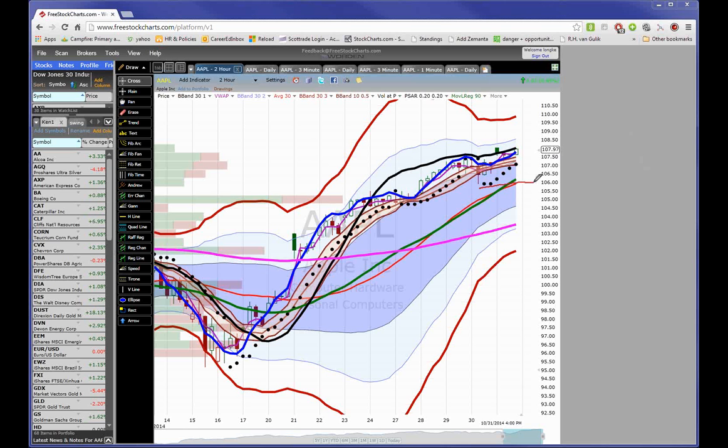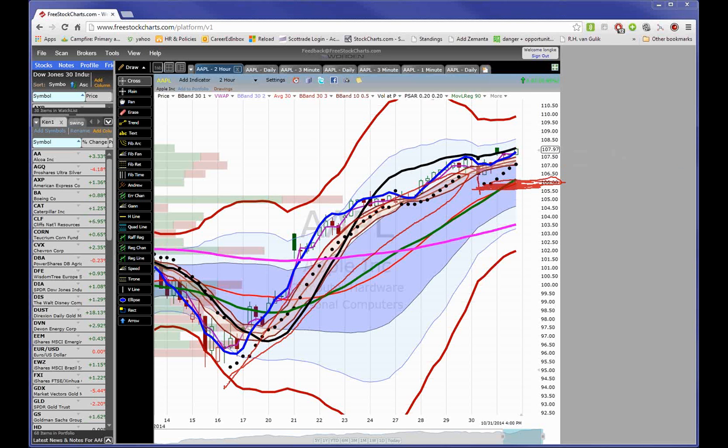I wouldn't have any problem with this right here, the Bollinger Band mean about 106. I think that's sort of the trail. You look at the last move that it had, that was probably 30 or 40 dots before it got violated. I'd feel safe about 106.